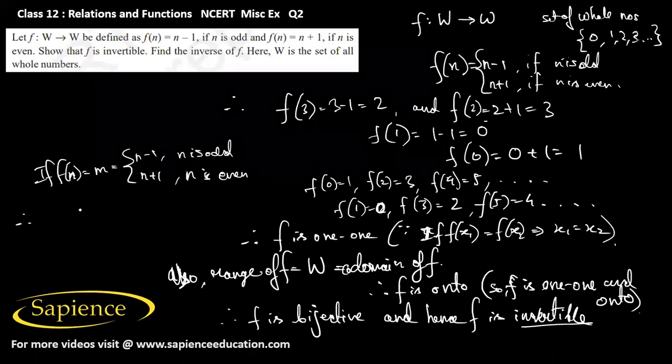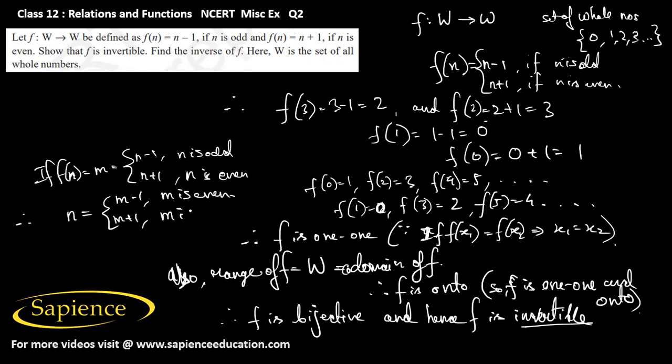So therefore we can say that n will be equal to m minus 1 if m is even, and m plus 1 if m is odd. So n I can write as f inverse of m.